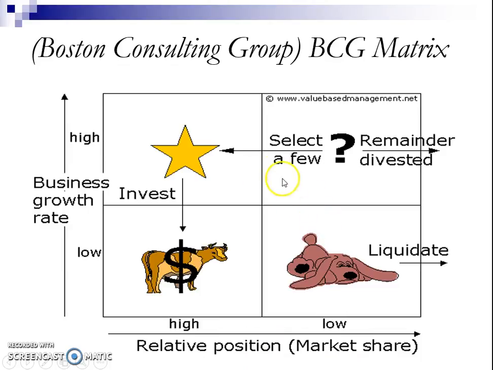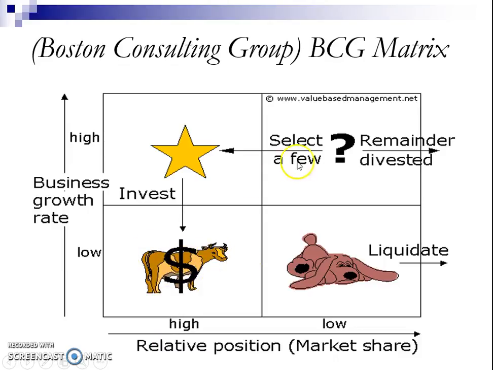The four classifications that this matrix makes are: with high business growth rate and high market share, the category is called a star category. With low business growth rate but a relatively high market share, we are talking about a cash cow category.